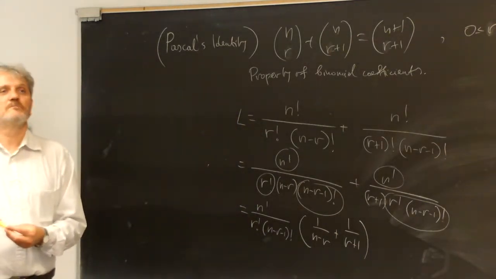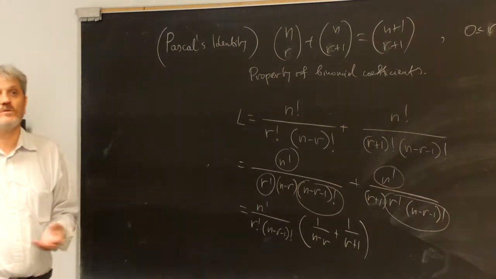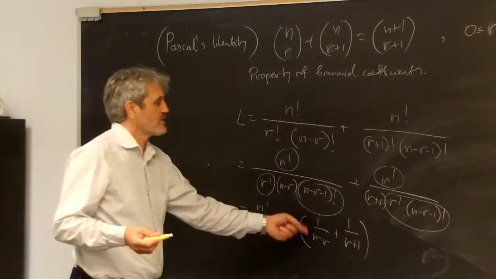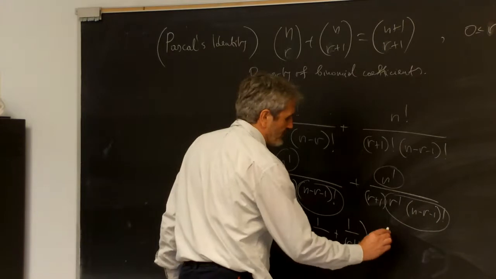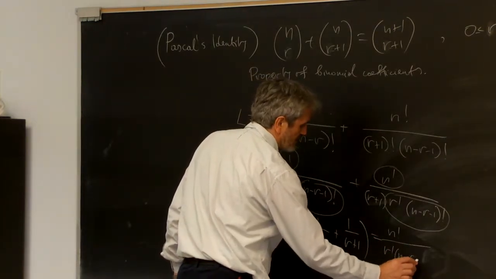What do we do now? We need to add two fractions. So what do we do? Common denominator, but they're just a product, so we just cross multiply and add them up. So it will be n factorial over r factorial times n minus r minus 1 factorial.